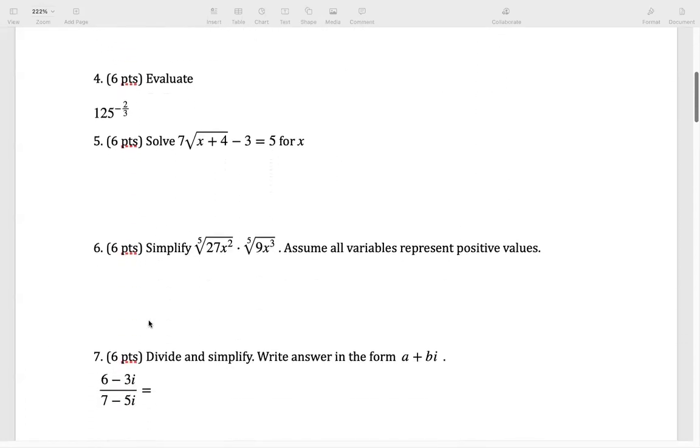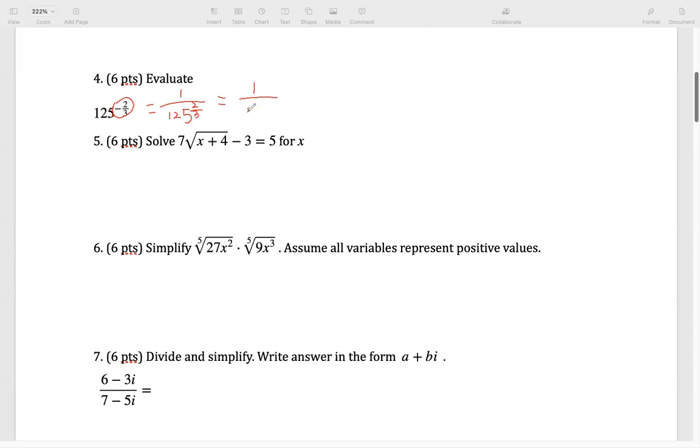Number 4. Or we have this rational exponent, negative 2/3. Negative means we have 1 over 125 raised by positive 2/3. Then we can write this as 1 over.